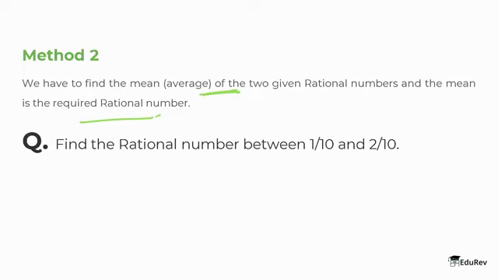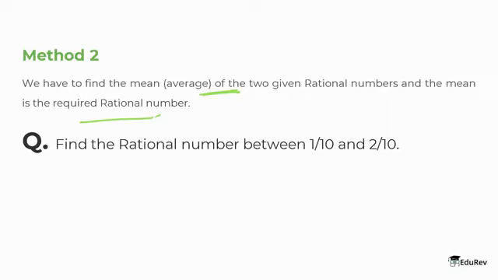In the second method, we have two rational numbers and we find their average, and because the mean value needs to be between those two rational numbers itself, the required answer is the rational number we need.